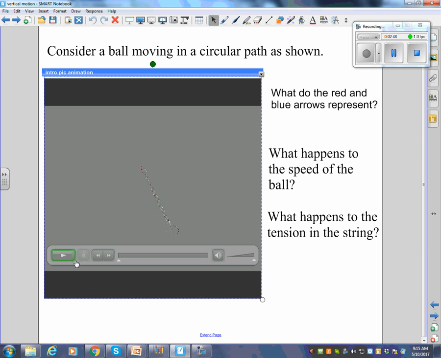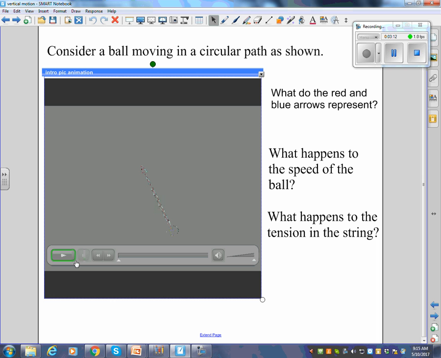Why do you say that? Gravity's helping it go down. So on the way down, gravity's pulling it down, and you could argue on the way up, gravity's slowing it down. So by logic, it's going as fast as possible at the bottom, and it would be going as slow as possible at the top. Then you'd be absolutely right.